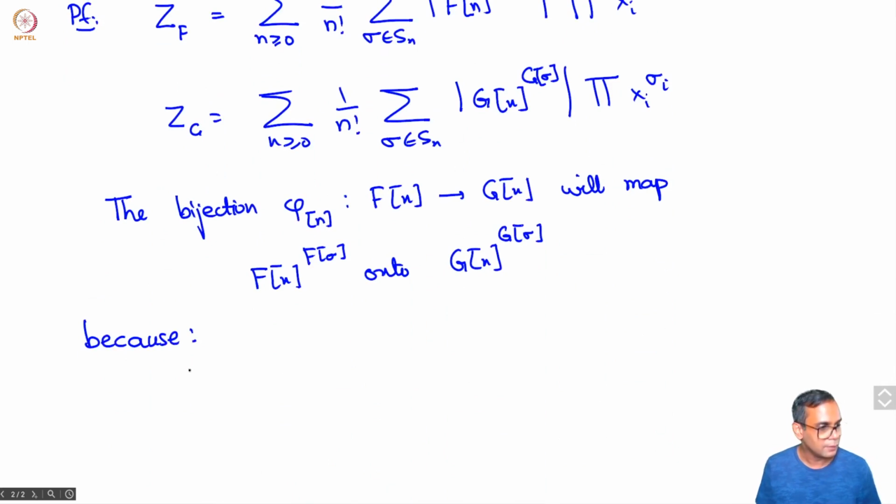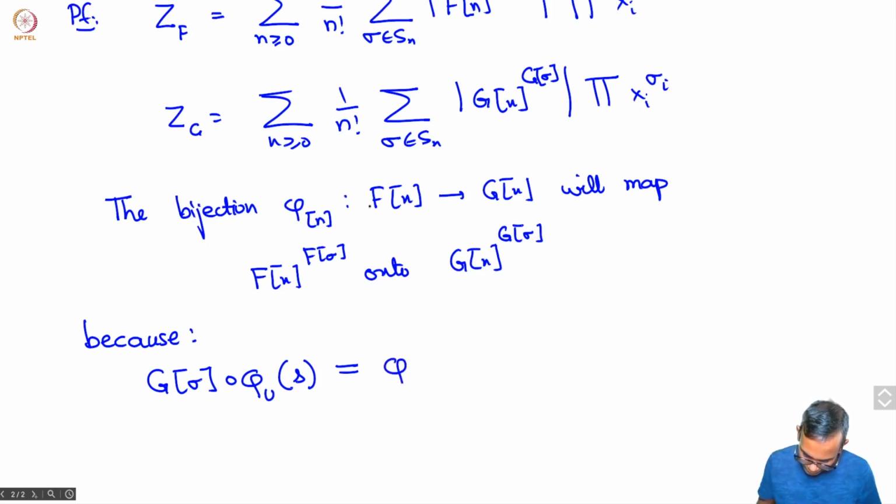if you take G sigma circle phi u of S, well, this is equal to, by that property, phi, so this phi is going from n to n, so let's write it like that.